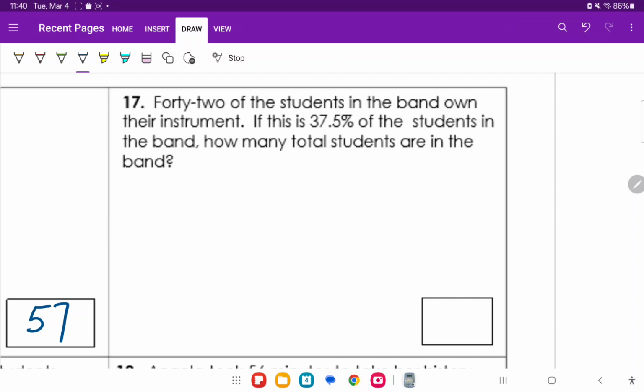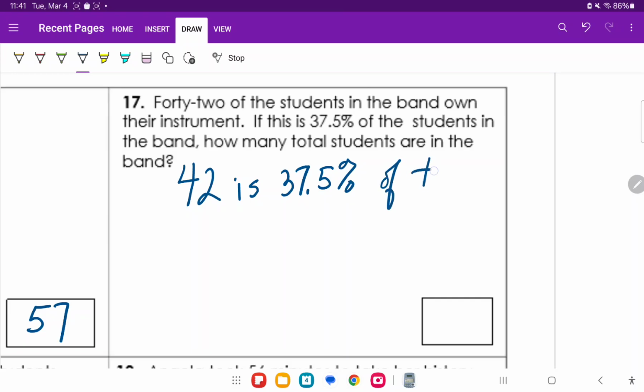All right, so what we're going to do is kind of rewrite this and say 42 is 37.5% of the total. All right, so 42 is 37.5% of whatever the total is of the students in the band.